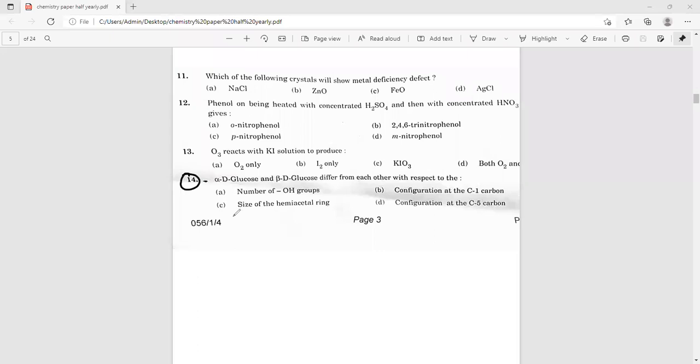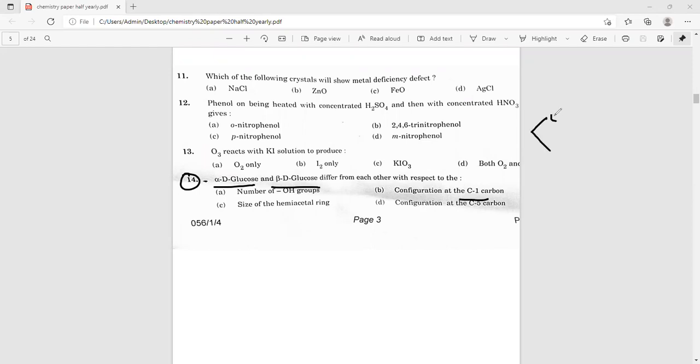Question number 14. Alpha D glucose and beta D glucose differ from each other with respect to... The answer is configuration at the C1 carbon.